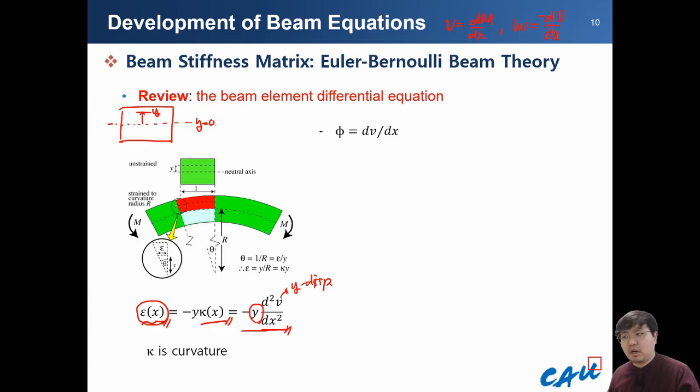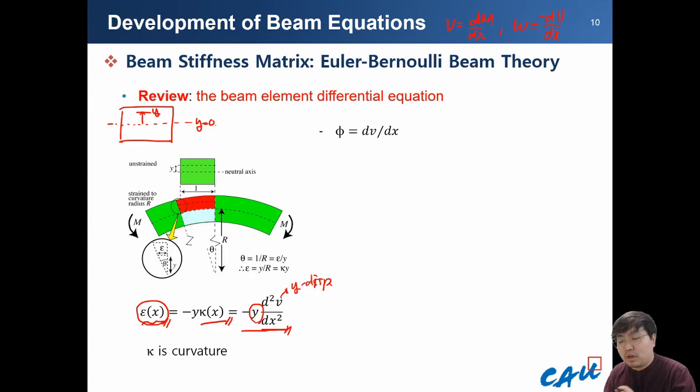That means the upper part experiences elongation and the lower part experiences compression. So there is some elongation strain, and the lower part has some compressive strain.